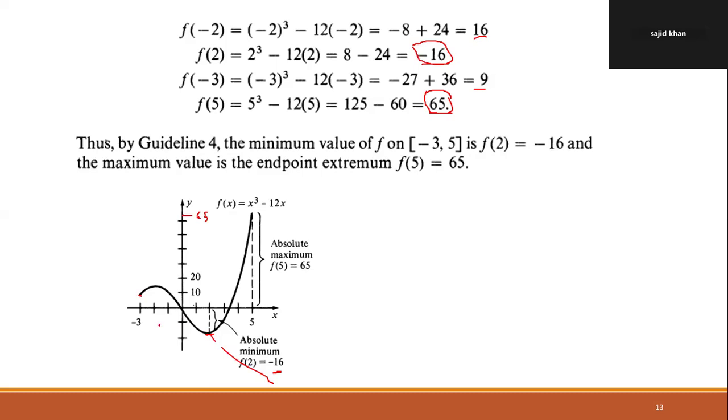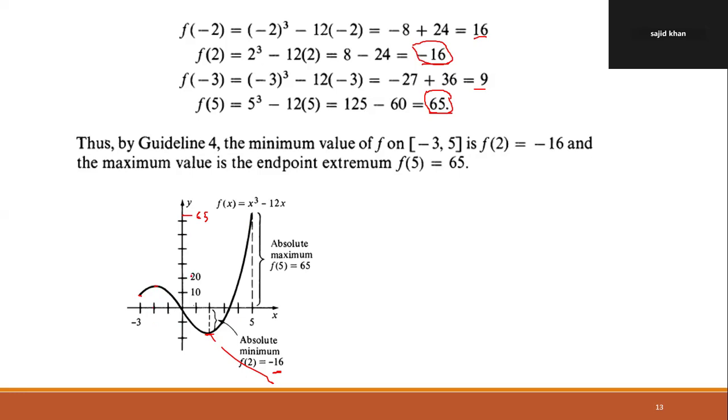These four points: at minus 2, the function value is 16. Here at x equal to 2, the function value is minus 16. And at 5, the function value is 65.